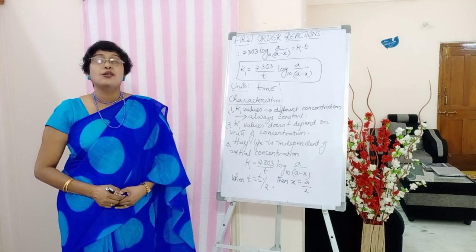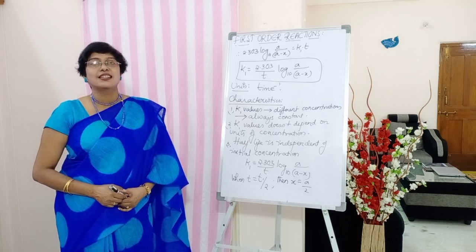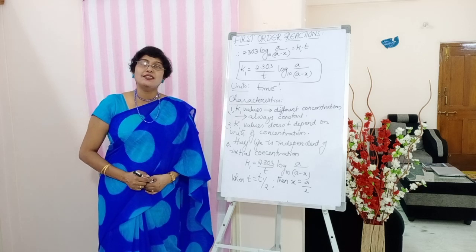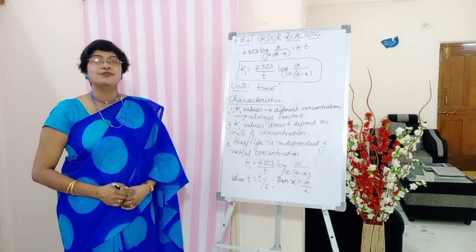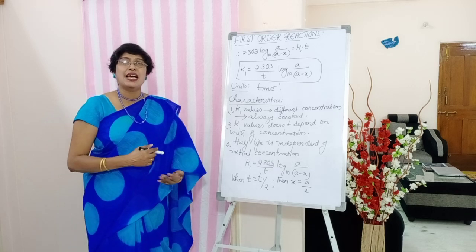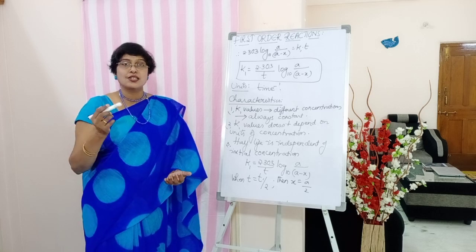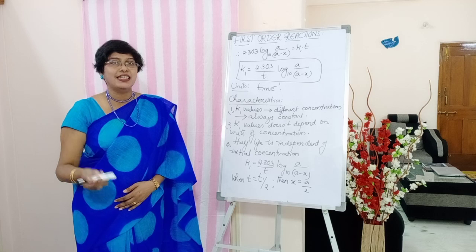K1 values obtained at different concentrations are always constant. Generally, you will be having practicals based on this in final year, students. So you should remember this unit even after going to your final year.